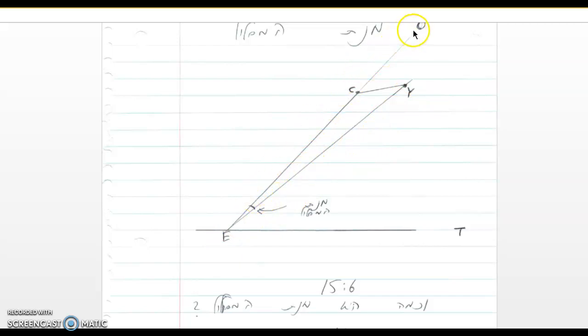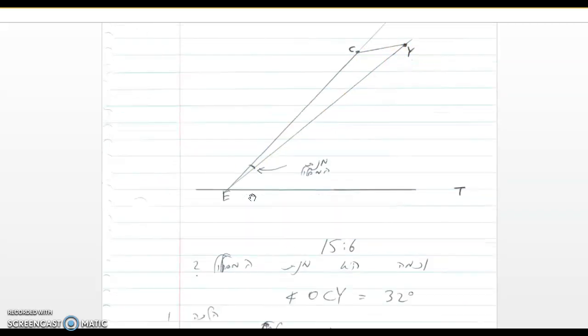And here we see that the moon went from CO till, in a small epicycle, in a small cycle, it went from CO to CY. This is about 40 degrees. So we have a Manas HaMaslo here, and in this case we subtract.